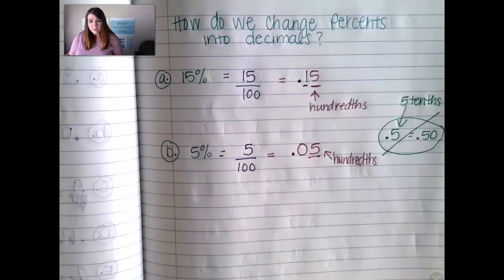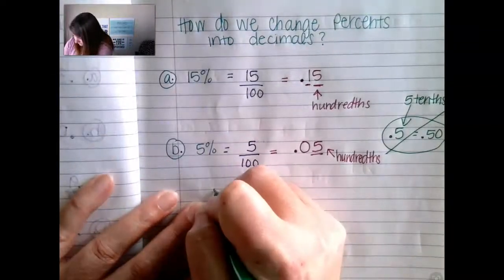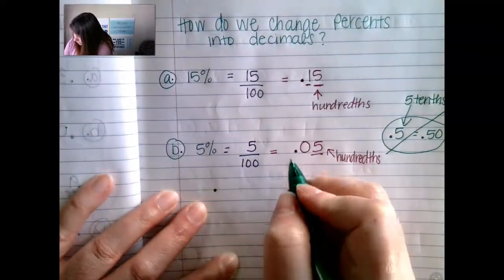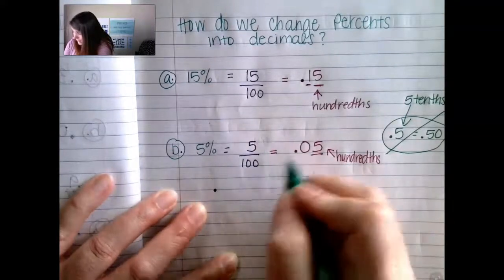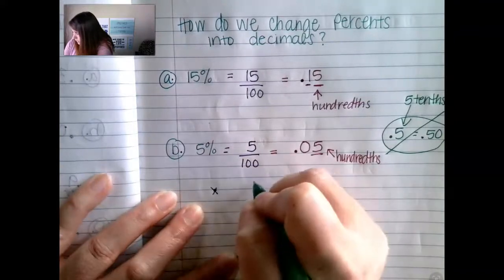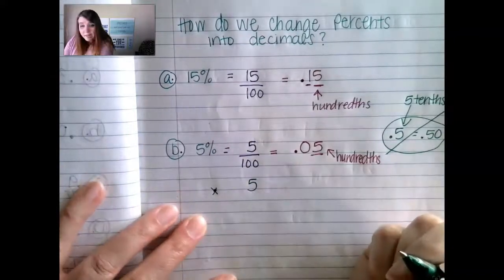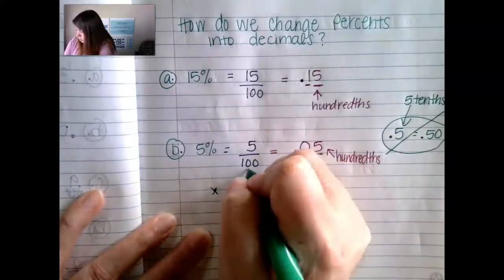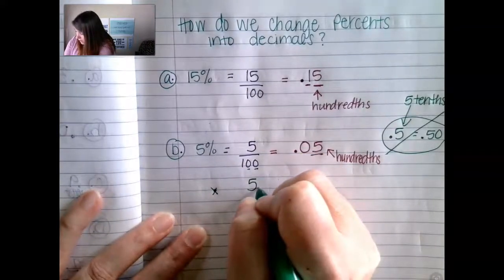Another way to remember it is that we have 2 spots after the decimal. So if the number is, here, let's go like this. If the number is 5%, hundredths has 2 zeros. So 5 is a whole number.